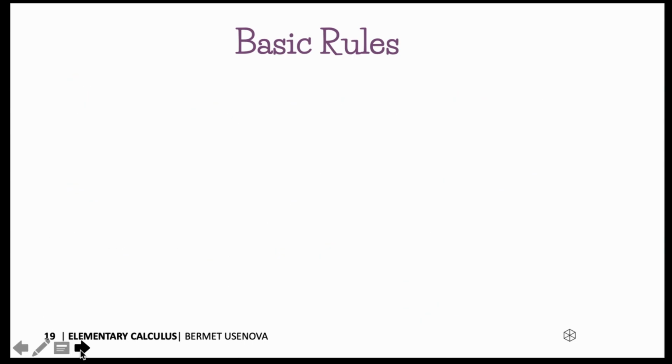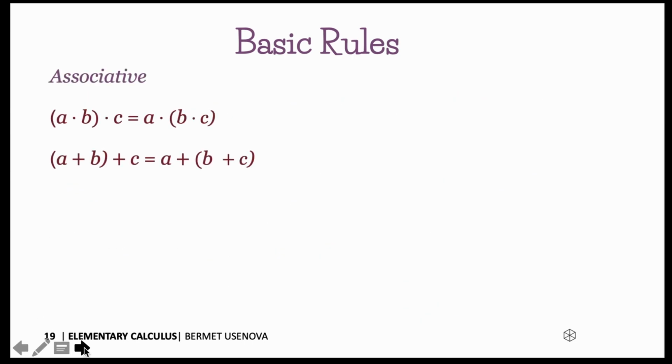Next rule is associativity. Associativity means that if we multiply or add numbers one after another, it doesn't matter in which order the operations are performed. If we replace a, b, c with simple numbers, let's say 2, 3, and 5, it's 2 multiplied by 3 multiplied by 5.